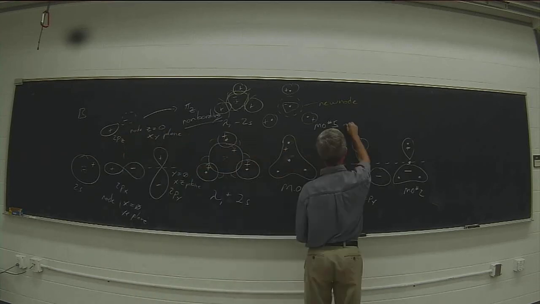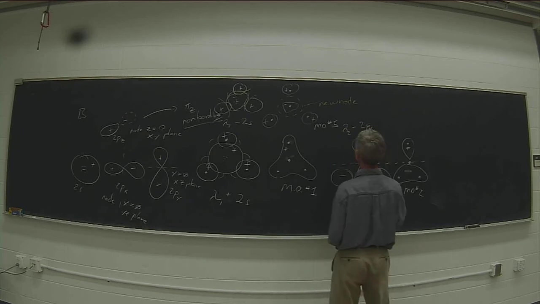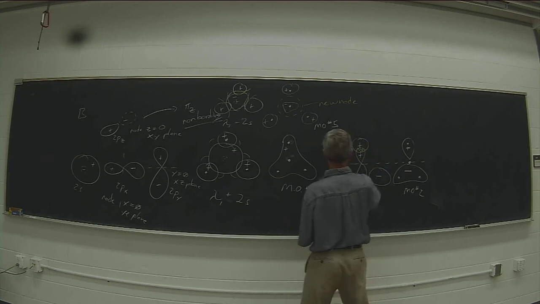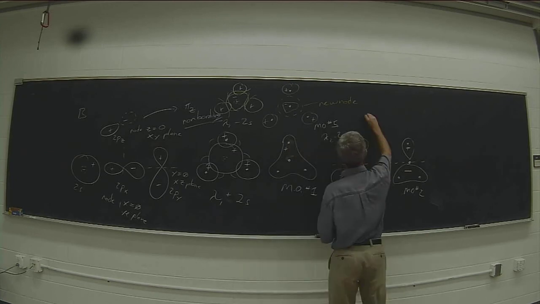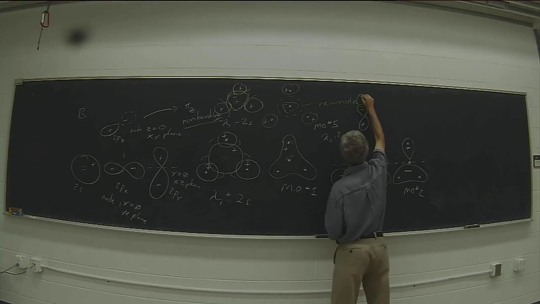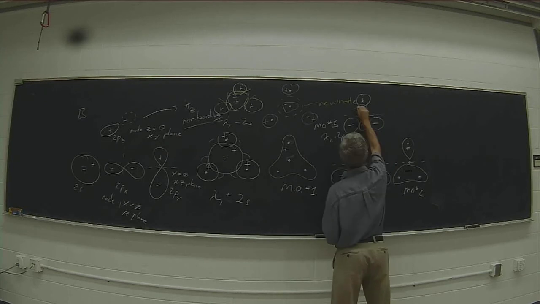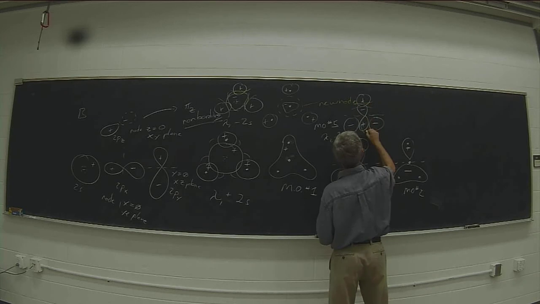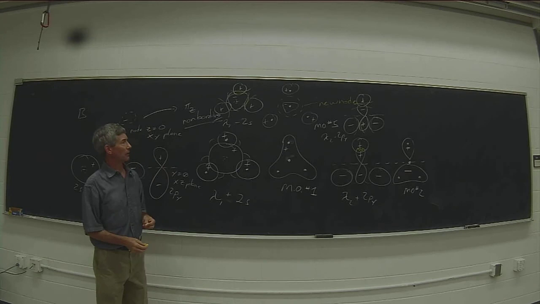We can also have lambda 2 minus 2py. So the 2py orbital will change sign, creating new nodes in all of the locations.